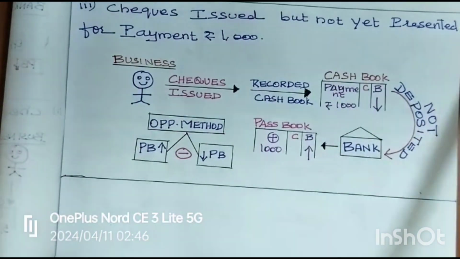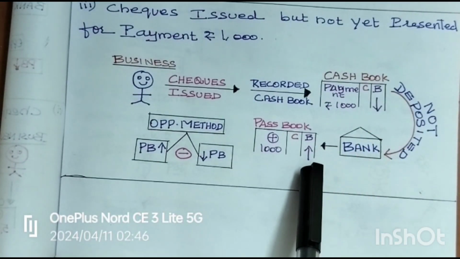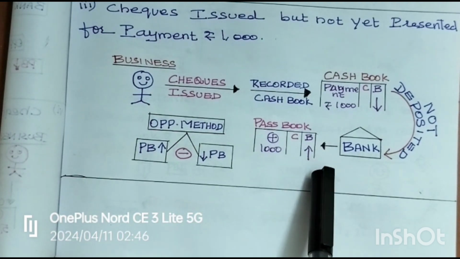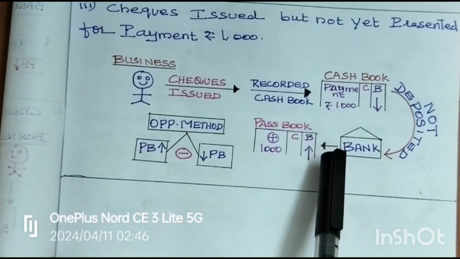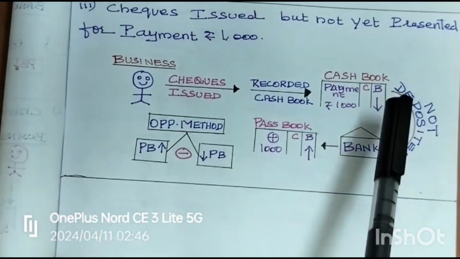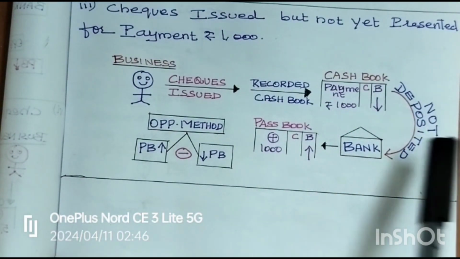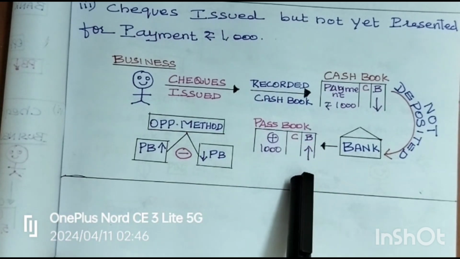When the check was cleared only, your passbook decreased because you made payment through check. The check was cleared, then your passbook 1,000 rupees decreased. But in opposite, what happened here? On the same day, the check was not deposited into the bank, so your passbook will be increased.